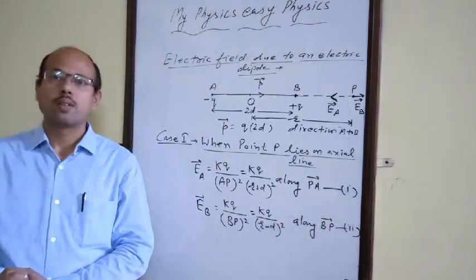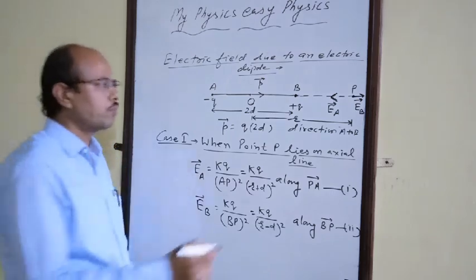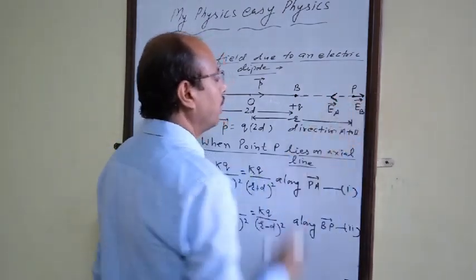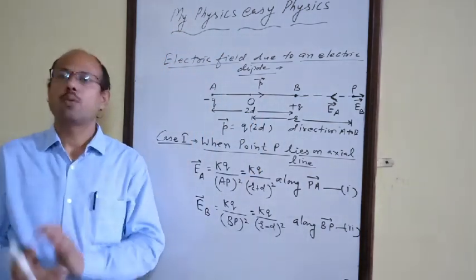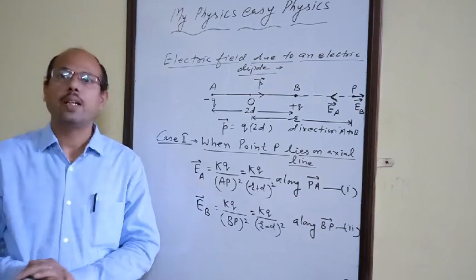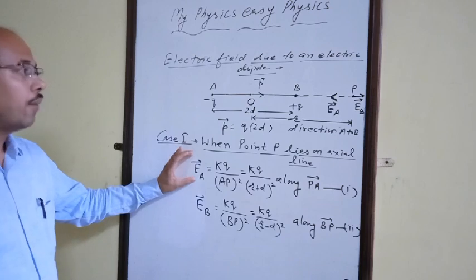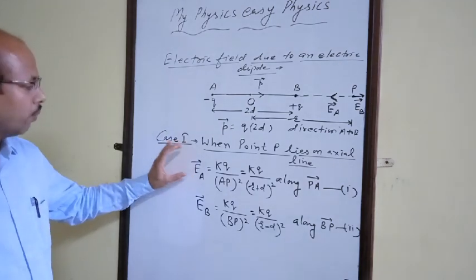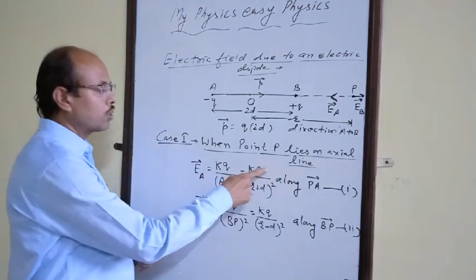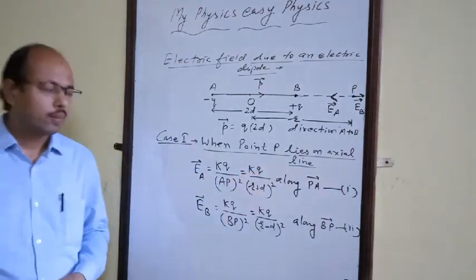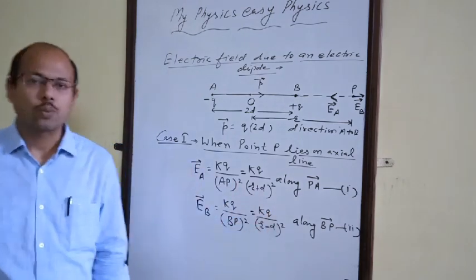Now we have to use the concept of vectors to find the resultant of these two electric fields. It is clear that EB is opposite to EA. It means if we have to find the resultant of EA and EB, first of all we have to see which is having higher magnitude. From this diagram or from this equation, it is very clear that EA equals KQ by (R plus D) square and EB equals KQ by (R minus D) square.